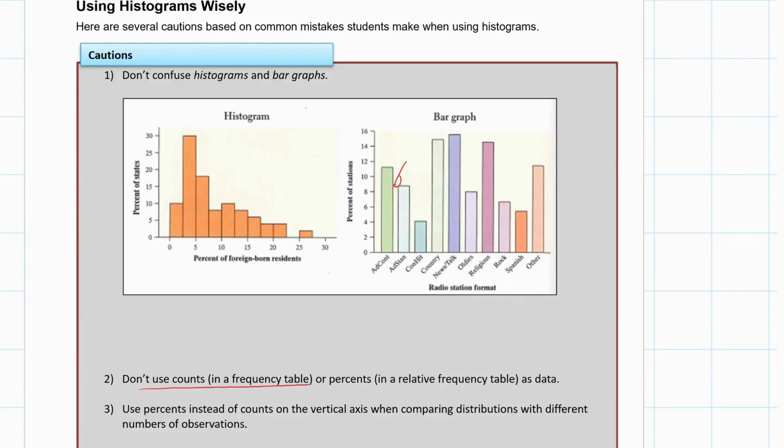The difference between this is a confusing statement. Counts are not data. Remember, data is the information that we're getting from the individuals in the data set. Counts are summaries of data. So how many states were in a particular range is not considered data. It's considered the summary of data.